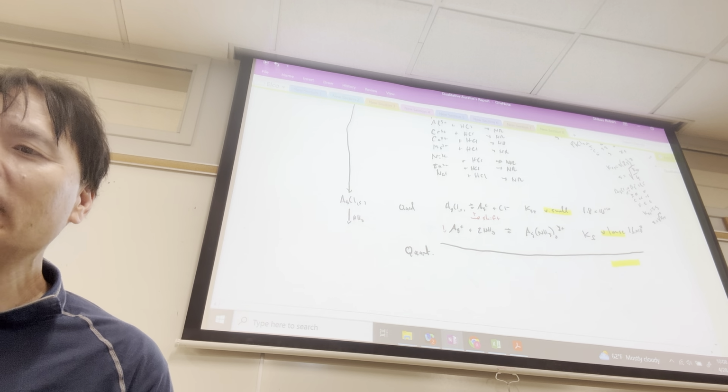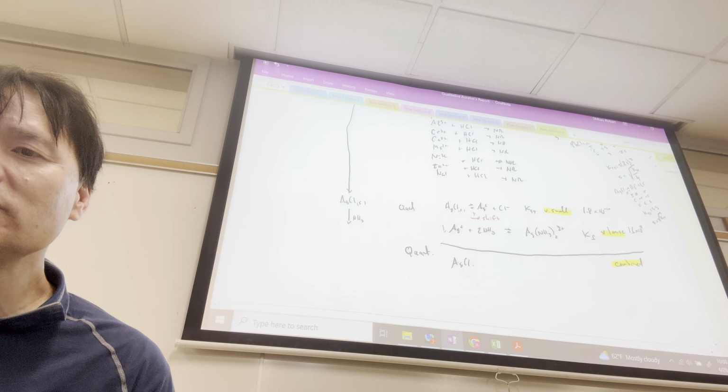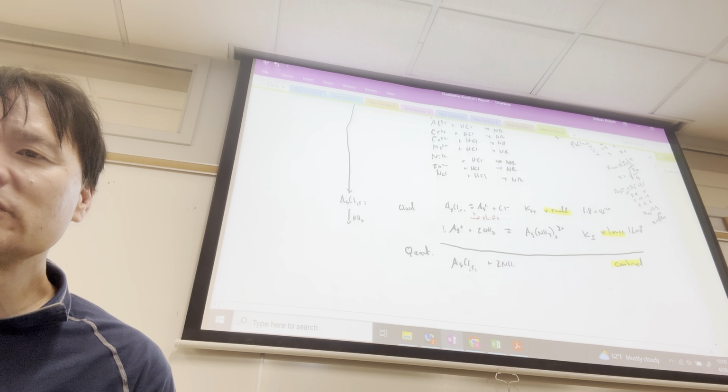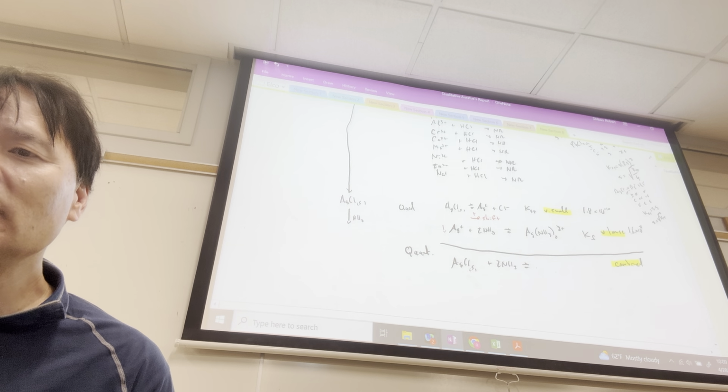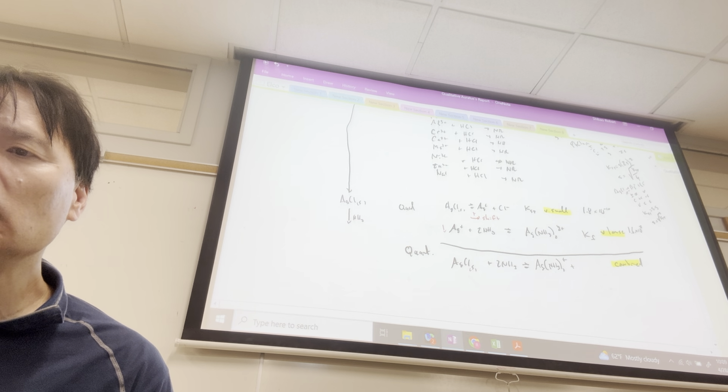The reason the combined method works is because of this. When we add up the 2 equations, silver chloride solid plus 2 ammonias, the silver ions cancel one another out, yields the diamine silver complex and chloride.